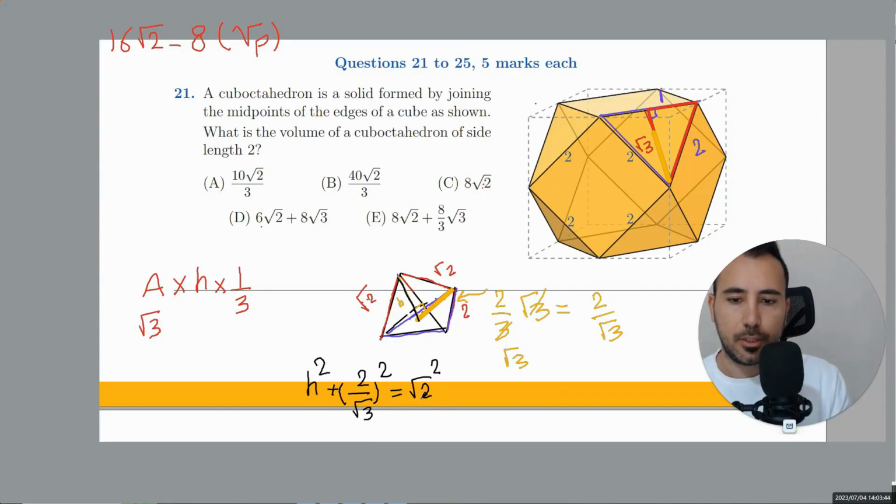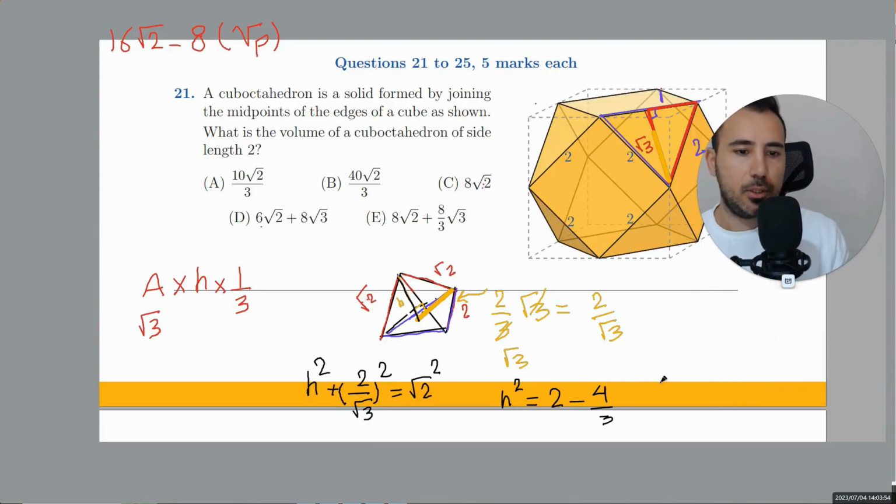Okay, so we're going to have h squared equals 2 minus 4/3. So h would be a square root of 2 over 3. I could also write it as square root of 2 over square root of 3. There you go, we have this.